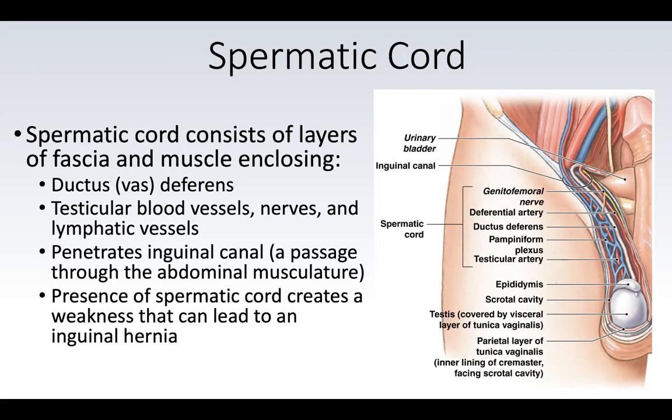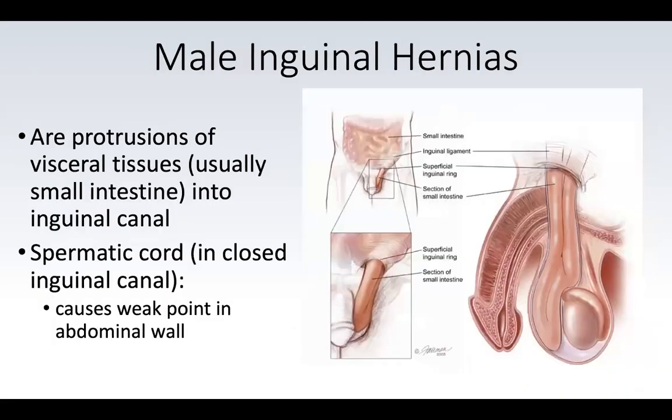Now, the spermatic cord penetrates a sheath of connective tissue in the inguinal region, and where it penetrates this connective tissue is known as the inguinal canal. It is an area of weakness in the inguinal region of the male anatomy, and because of this, males are more prone to inguinal hernia.